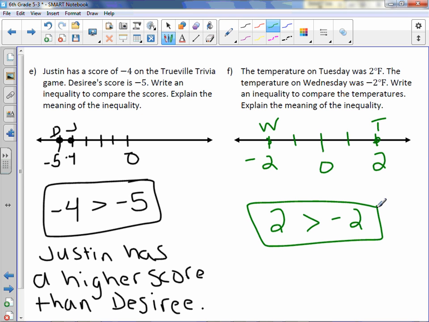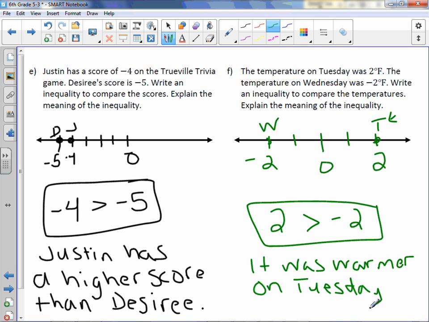And to explain our meaning, Tuesday was the 2, we can say that it was warmer on Tuesday. You could even say it the other way and say it was colder on Wednesday. And again, it was warmer on Tuesday than Wednesday.